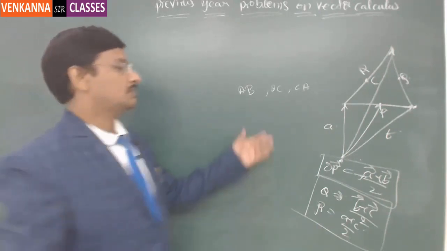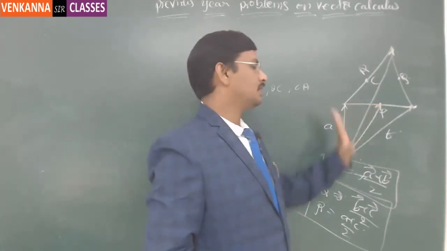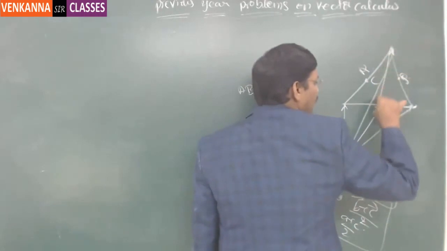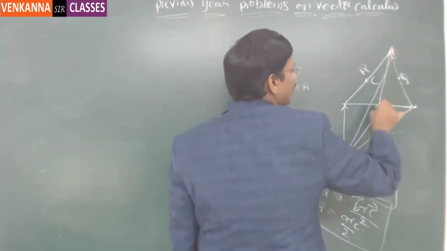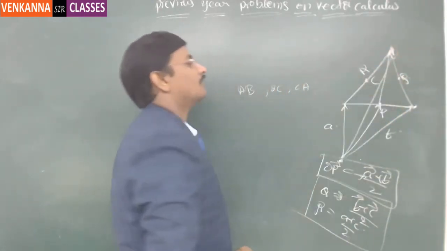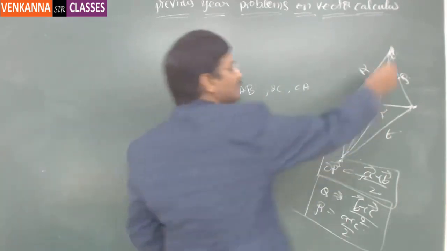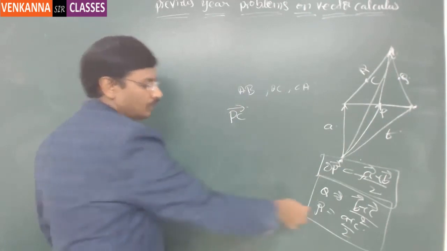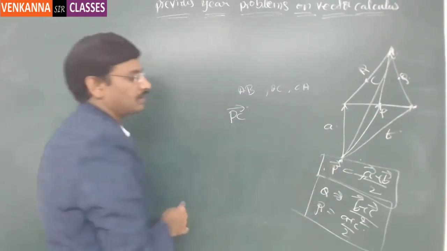Okay. So here we have got the median vectors. Now, suppose you want to find this median, you have to identify a vector from P to C, so that is the PC vector. The P value we have got, so this is the P vector.